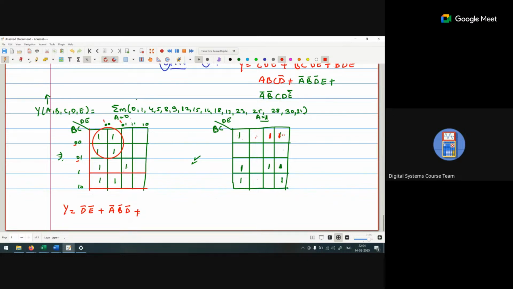16, 17, 19, 18, 20, 21, 23, 23 is there, 22, 24, 24 is also not there, 25, 27, 26 is not there. 27, 26, 28, 29, 30, and 31.